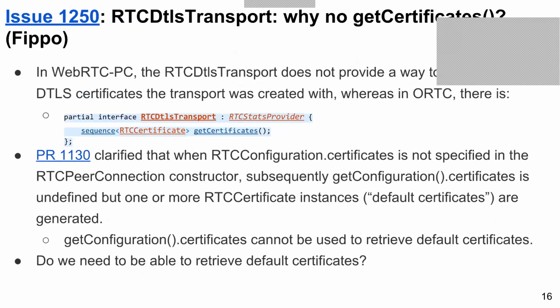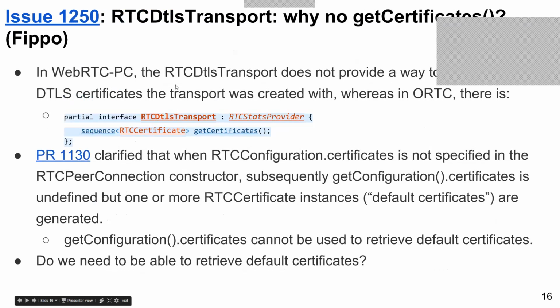So this one came in from FIPO. It's issue 1250. He's saying that in WebRTC PC, the DTLS transport doesn't provide a way to obtain the local DTLS certs that the transport was created with. In ORTC, you can get them.